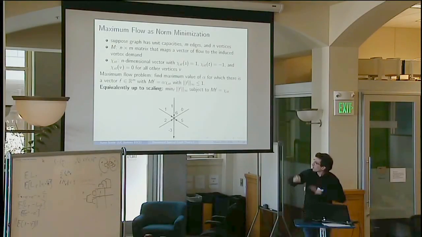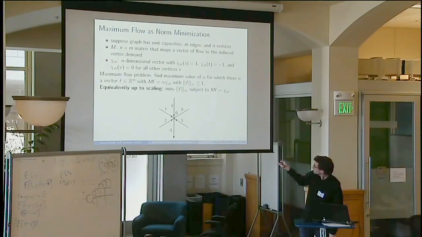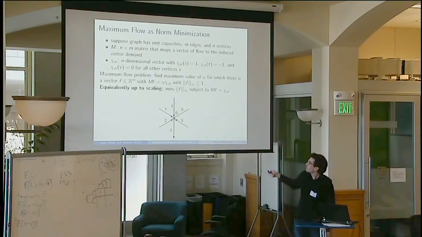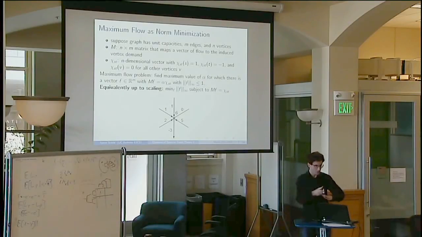But an easier way of writing this down, if you scale this down a little bit, ends up being just find the minimum norm flow. Basically, find a vector f in the flow space with minimum L infinity norm, minimum maximum entry. So that's nice. Max flow is just a minimum norm point problem in an affine space.